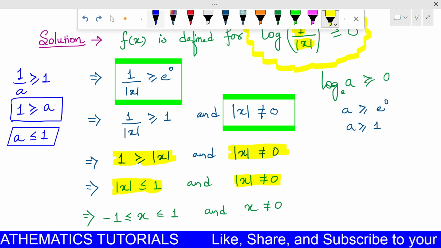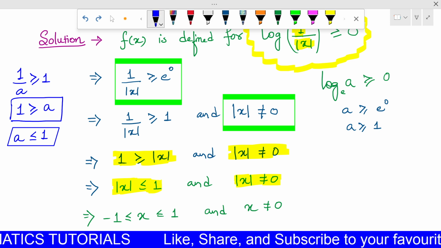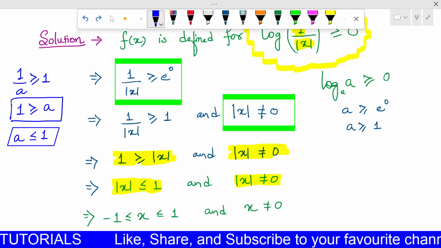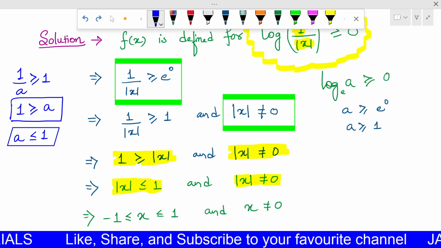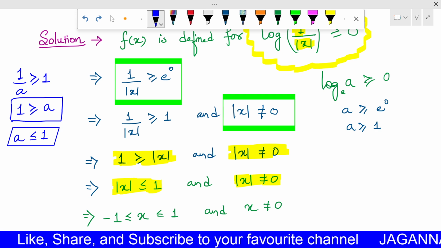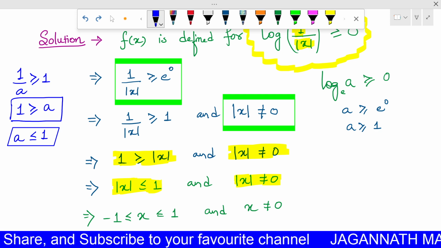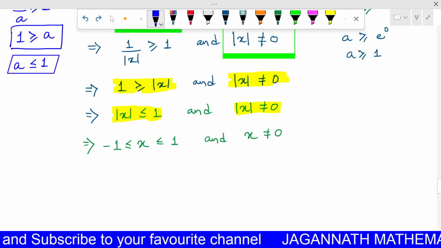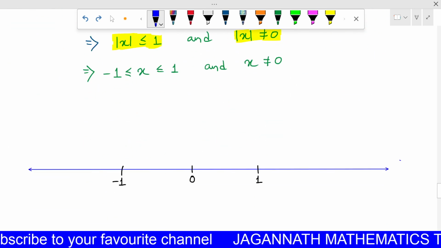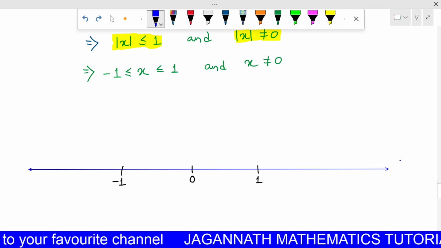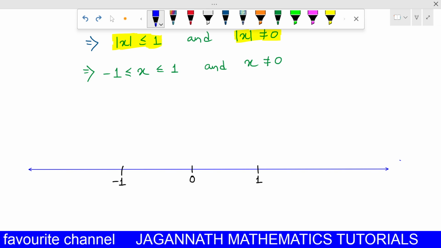Now by the definition of mod, if mod x is less than or equal to 1, then x lies between -1 and 1 and x is non-zero. So let's plot this on the number line where we have the points as -1, 0 and 1.